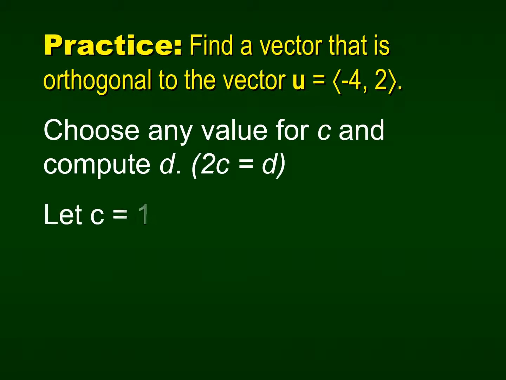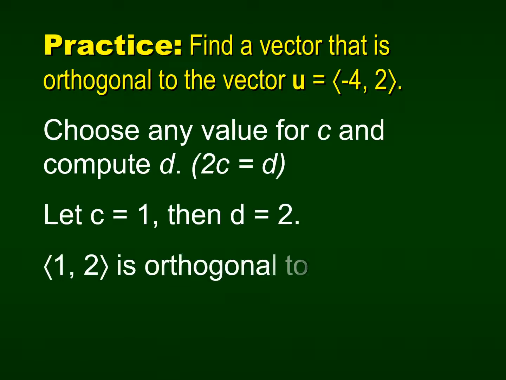So let's say that I pick c equals 1. Well, that means that d is equal to 2 because 2 times 1 is 2. So now that I have a c and a d, I can now write my new vector. It's just 1, 2. And I know that 1, 2 is orthogonal to -4, 2.